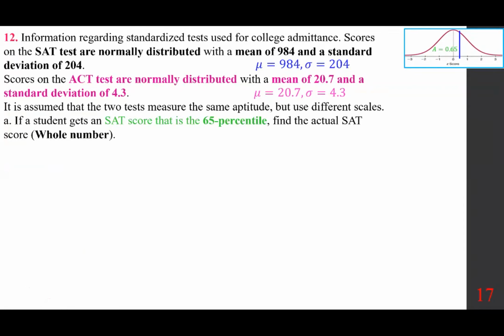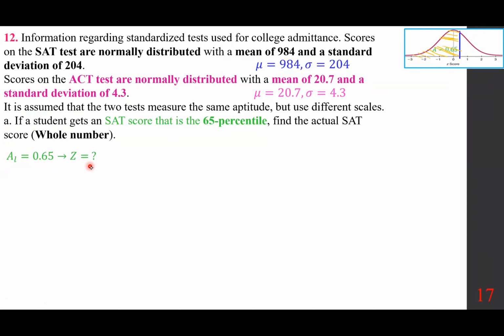This region is 65%, or 0.65. So look at this point. We need to find the z value for that. So the area to the left is 0.65.